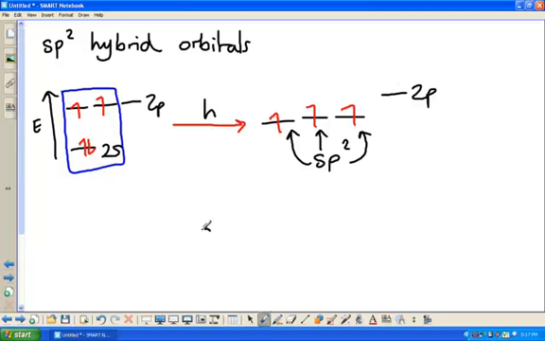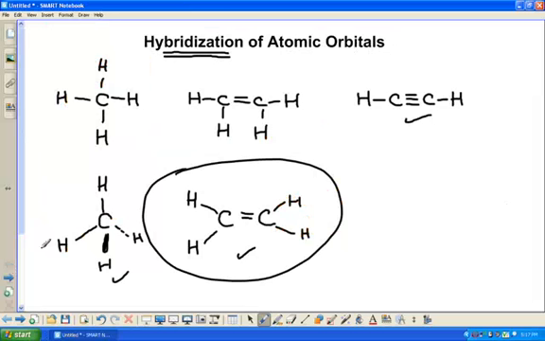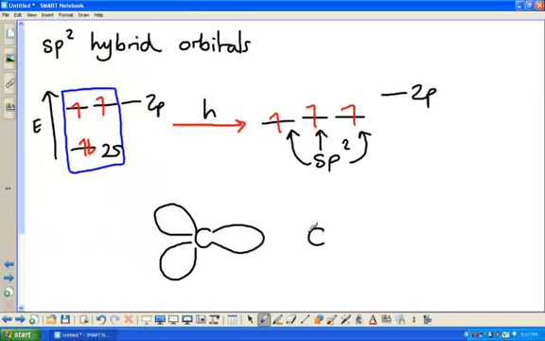So here's our carbon, and I'm going to show one of our sp2 orbitals, another one here, and another one here. And we're going to do the same thing with our other carbon. When we're talking about ethylene here, this is 2 carbons, and both are hybridized in exactly the same way. So we're going to have one here, those 2 will overlap, one here, and one here. These are essentially mirror images of each other.